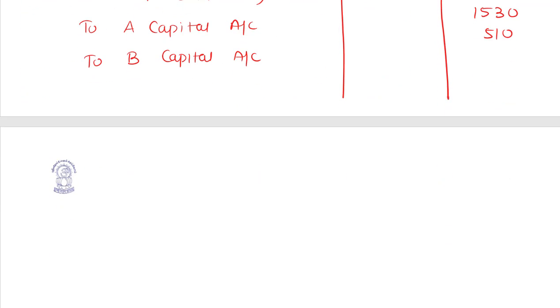I believe it is clear till here. Next. Cash account debit to C's capital account. New capital brought in, that is 10,000.